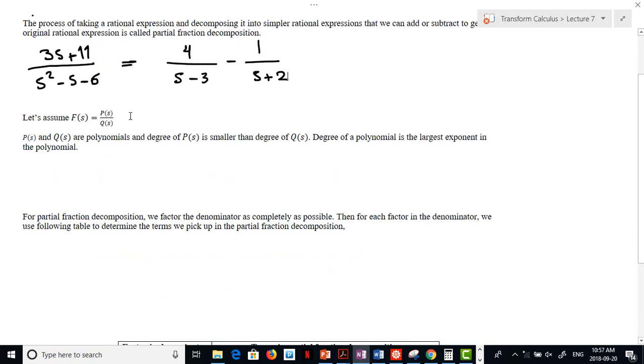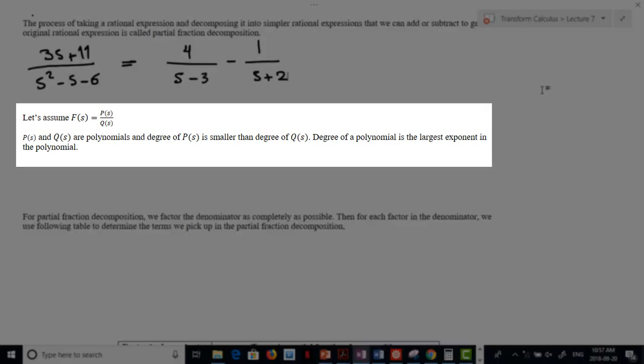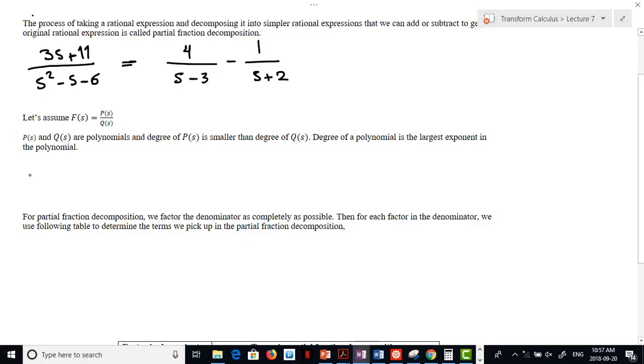But the question is how we can find partial fractions of the original function that we have. So let's assume we have F(s) equal to P(s) over Q(s), where P(s) and Q(s) are polynomials and the degree of P(s) is smaller than that of Q(s).